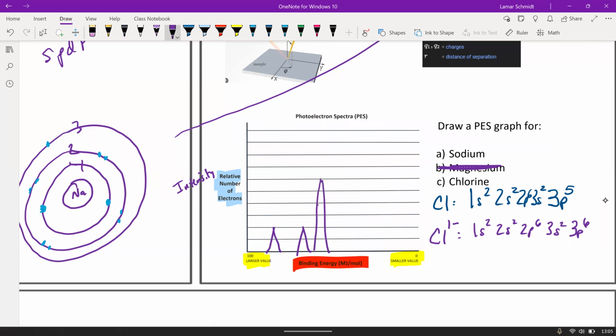And then the 3s, and now 3p6. Notice they're the same height as the 2p6. Why? Because the height represents the relative number of electrons. So now, there is that.